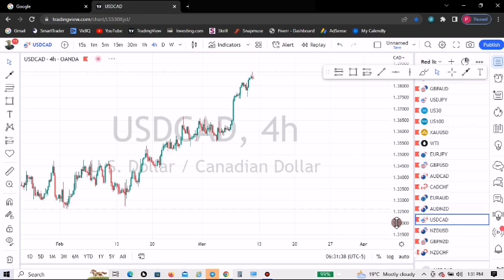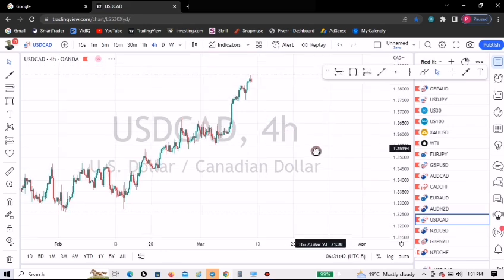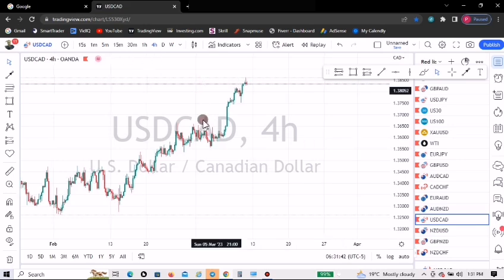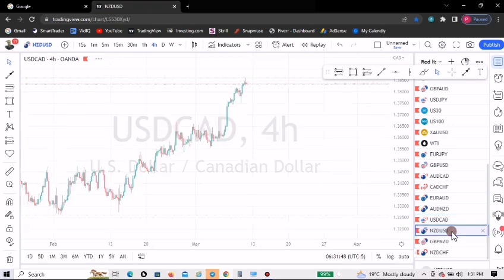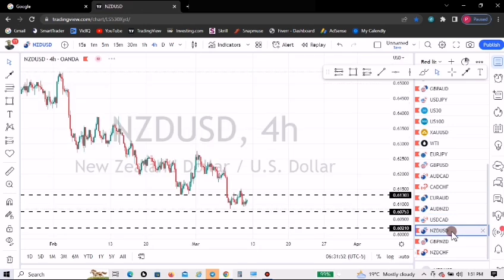NZDCAD from the 4-hour. I'll allow it to breathe and see it next week. NZDUSD. Okay, we have a trade right there.